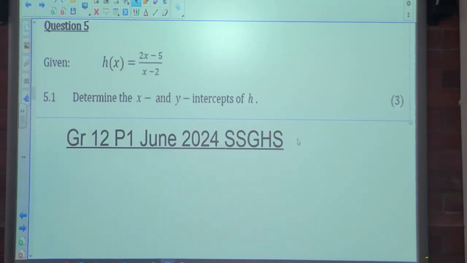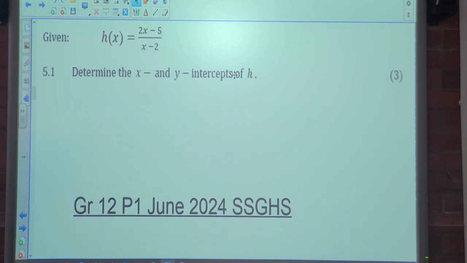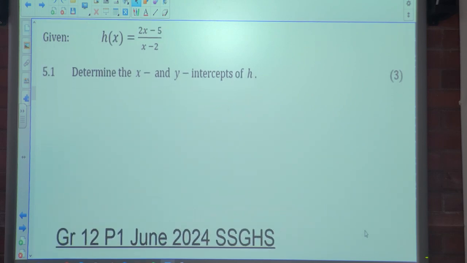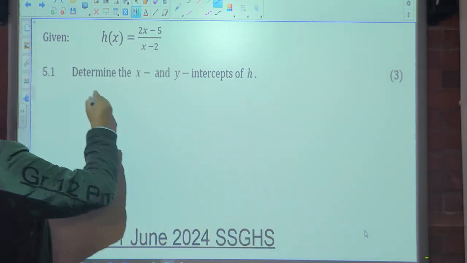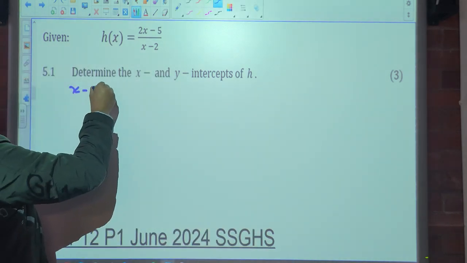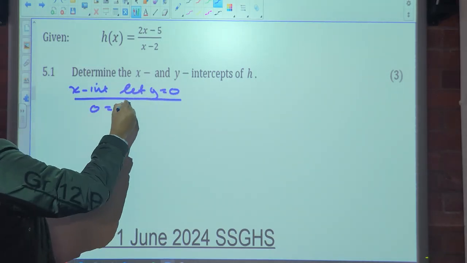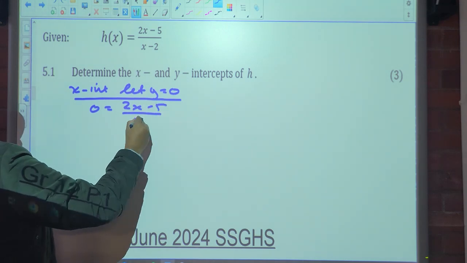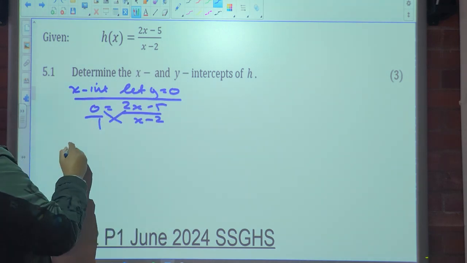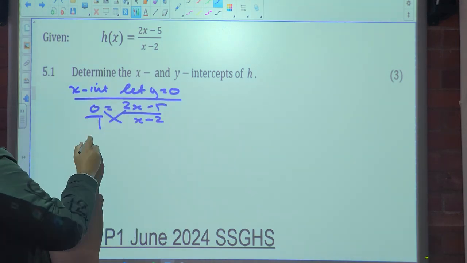5.1. The question says, you are given h(x) = (2x - 5) over (x - 2). Determine the x and y intercepts of h. People, how do you calculate the x-intercept? Let y equal to 0. So 0 = (2x - 5) over (x - 2). Cross multiply. 0 times anything is 0.